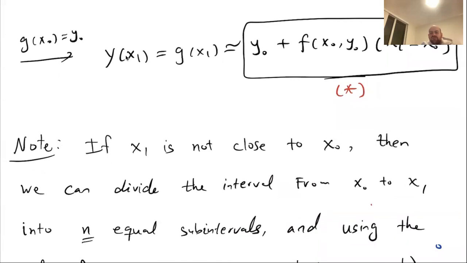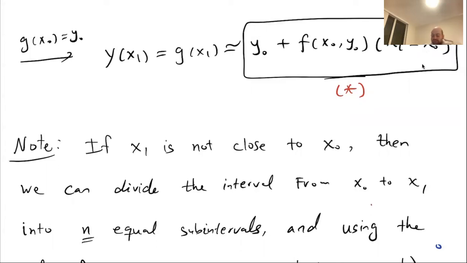Once you have the estimation for y of 1.5, you can find y of 2. How can we find y of 2? Again, we have to use the new starting point, which is the y value at 1.5. So y of 1.5 plus f of 1.5 and y of 1.5 times 2 minus 1.5.